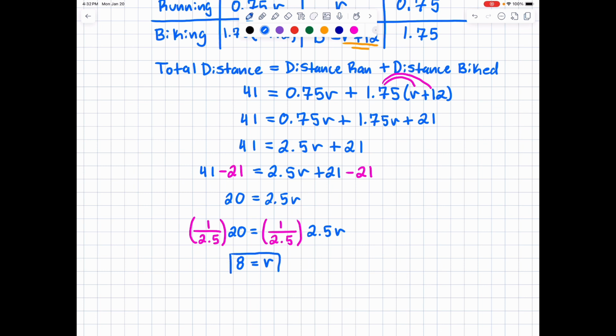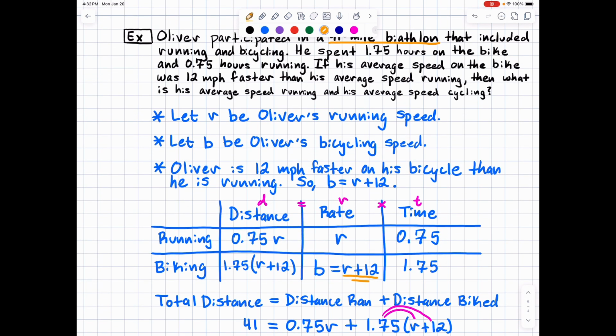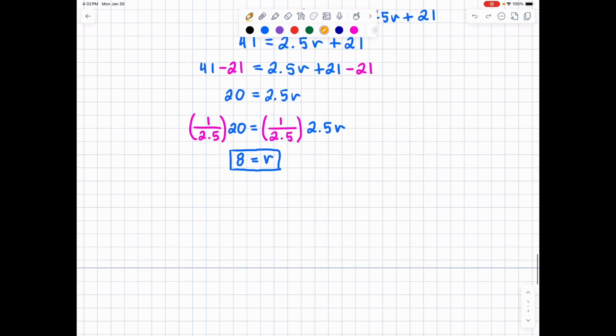Now, we don't just want r, because r is the running speed, but we also want the biking speed. So remember, b is our biking speed, but we have a way that relates b and r. I'm going to use this equation to get b. So we know that b equals r plus 12.